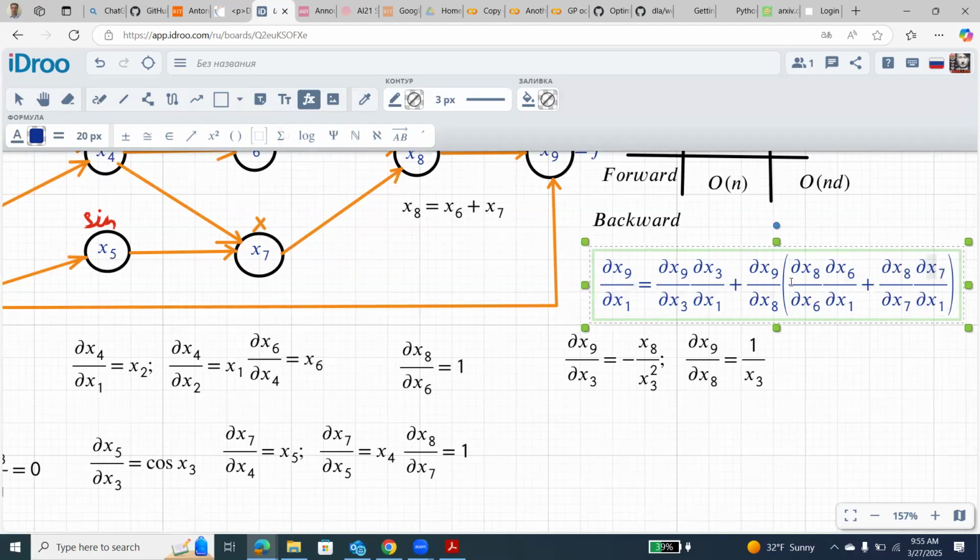Then to calculate the derivative of x6, we look at the inputs in x6. There is one input x4, so it will be x6 with respect to x4 times x4 with respect to x1.